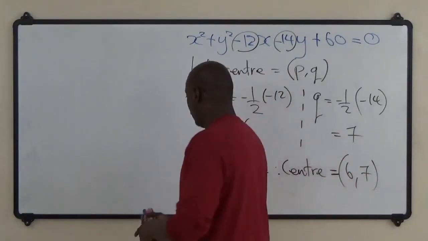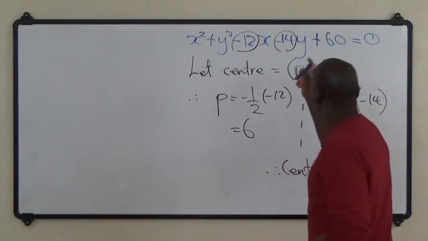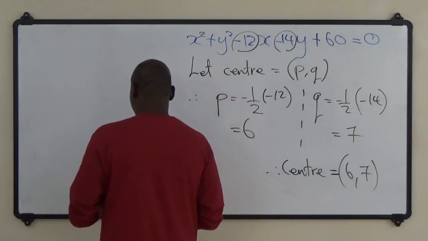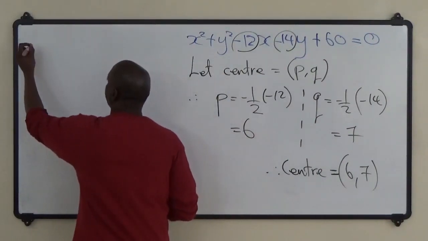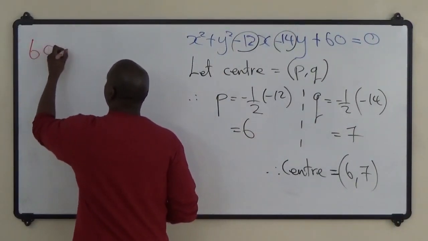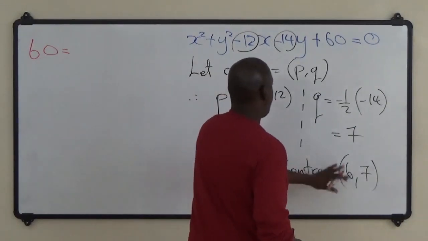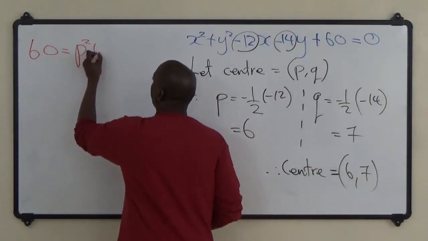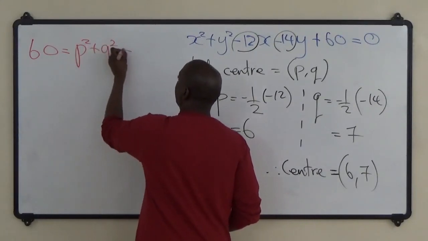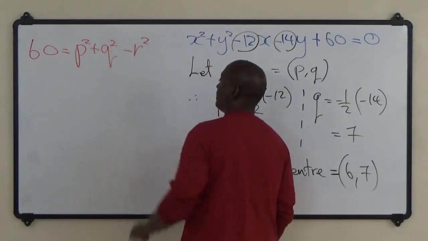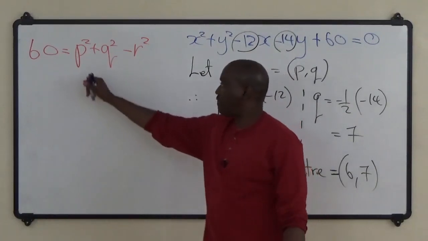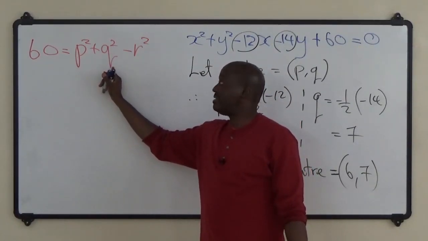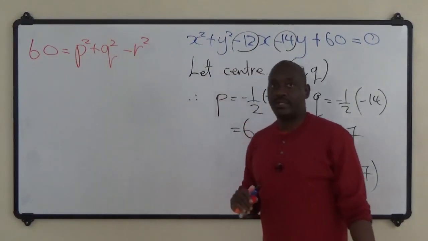So if we want to find the radius of this circle, we could say that 60 is equal to, let me start general, P squared plus Q squared minus R squared. P, of course, being the x coordinate of the center, Q being the y coordinate of the center, and R being the radius.